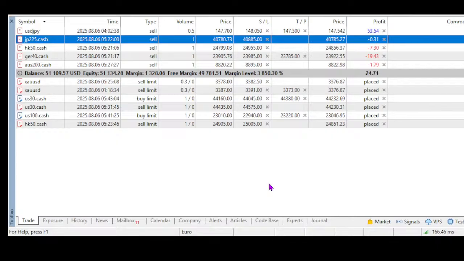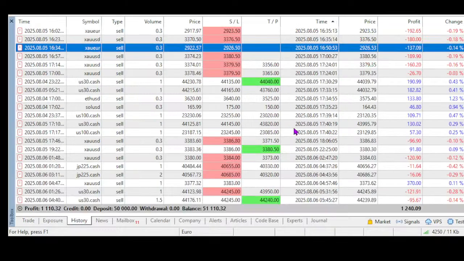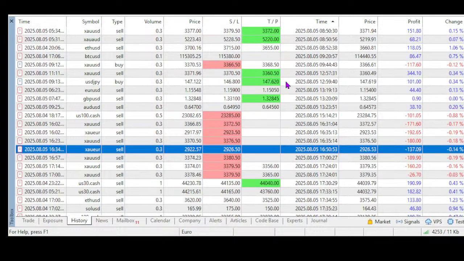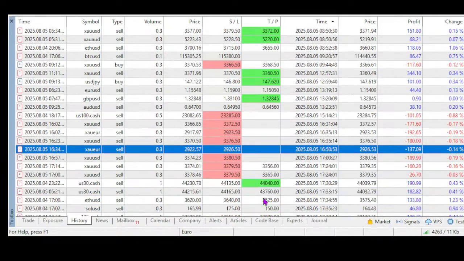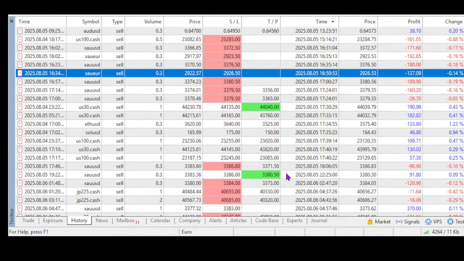The same thing with yesterday, I'm just sharing with you. Yesterday we had so many trades. This whole screen is about 20 trades, then from here we go on, 21, 22, up to 32.